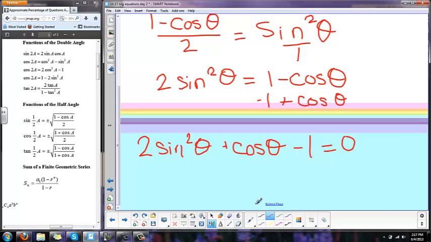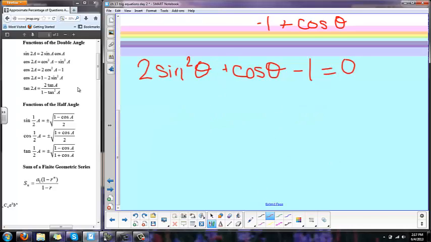We kind of ran into this problem a couple of problems ago when we had 2 different variables. This time we have a sine squared and we have a cosine theta. Now, at first I was thinking maybe somehow if this turned into sine squared theta plus cosine squared theta, then everything would turn into a 1. But that's not the case. So don't try to rearrange the equation somehow to make that work, because it's not going to work.